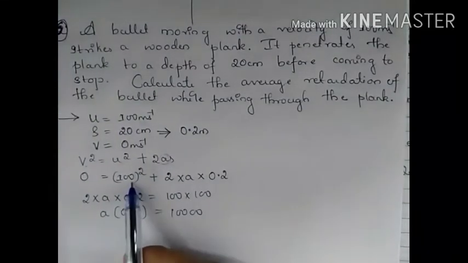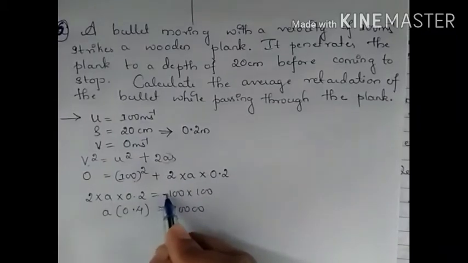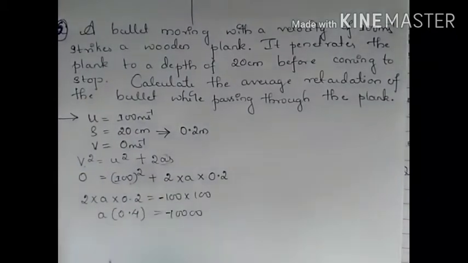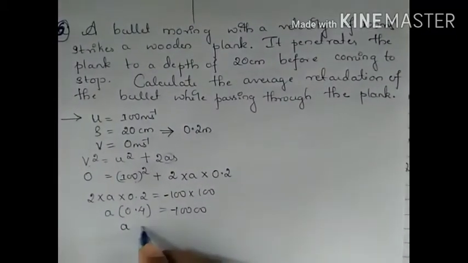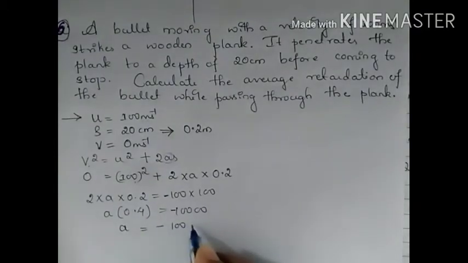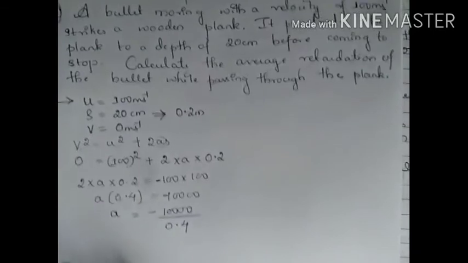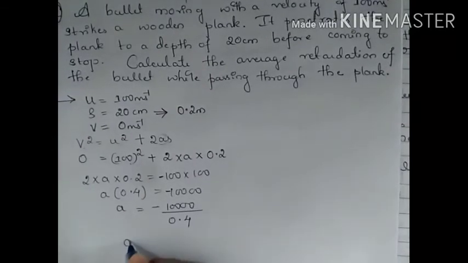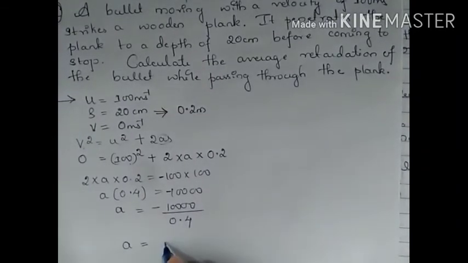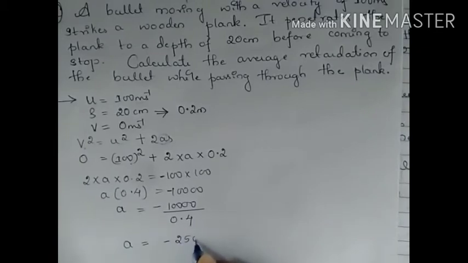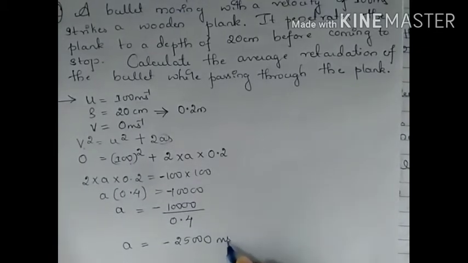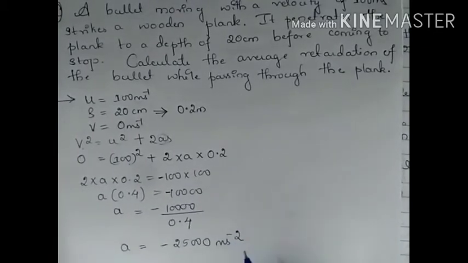Now since you have sent this to this side, there will be a negative here. So a can be written as minus 10,000 divided by 0.4. So the answer will be equal to minus 25,000 meters per second square.